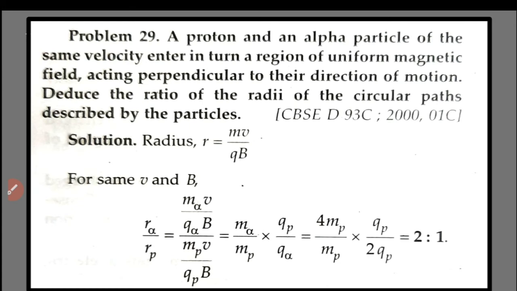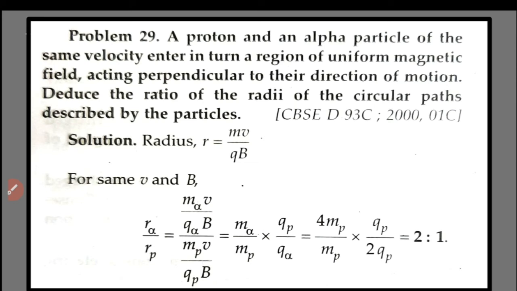It's given they are entering the magnetic field with the same velocity, and the magnetic field is also the same. So those two terms, velocity and magnetic field, will get cancelled, and what remains is mass and charge. So we have R alpha by Rp as M alpha by Mp into Qp by Q alpha.